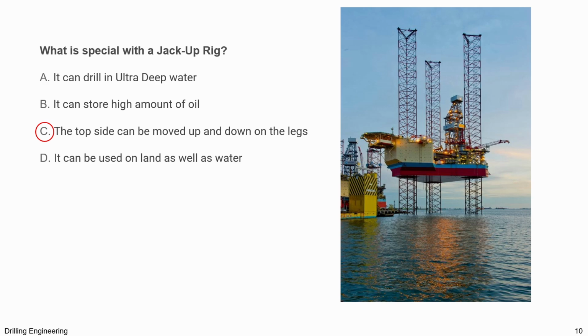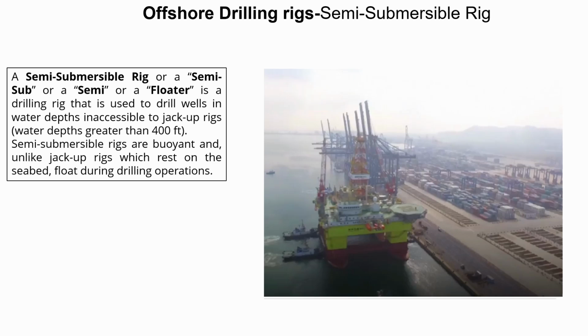That is exactly what distinguishes the jackup. The hull is elevated above the sea surface once the legs are secured on the seabed. This design allows the rig to avoid wave action while still operating in offshore conditions. A semi-submersible rig is used in water depths that are too deep for jackup rigs.